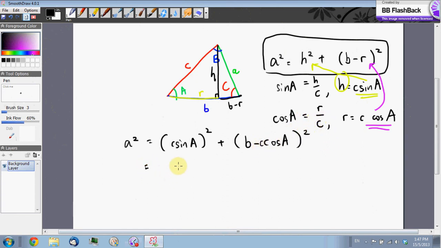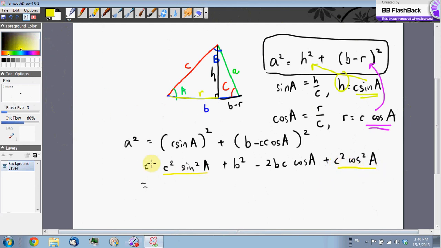And if I open up everything, you get C squared times sine square A plus B squared minus 2BC cosine A plus C squared cosine square A. Which you can see that this one and this one, I can make it into C squared times sine square A plus cosine square A, plus B square minus 2BC cosine A. And sine square A plus cosine square A is 1.